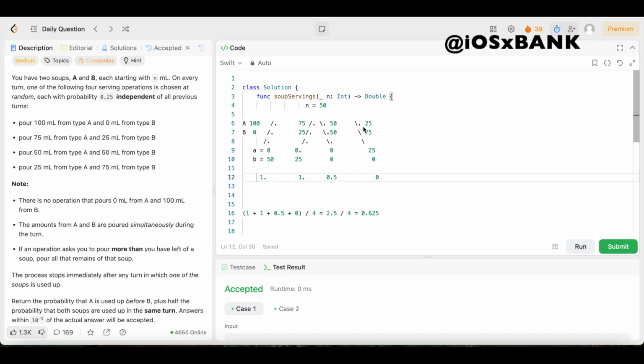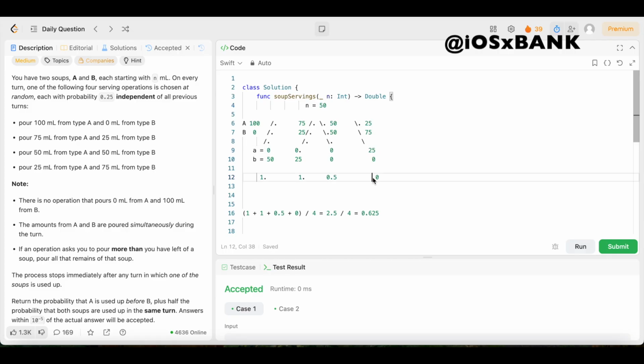Then finally, with this serving operation, if we pour out 25 milliliters from A, then we'll still have 25 milliliters left. But if we pour 75 milliliters out from B and we only have 50, then B will be empty and A will not be empty.